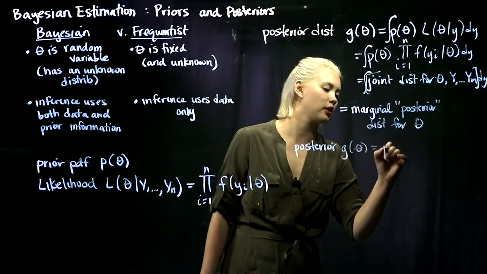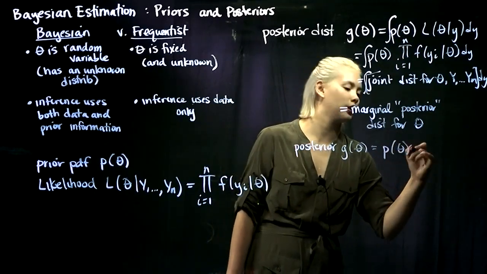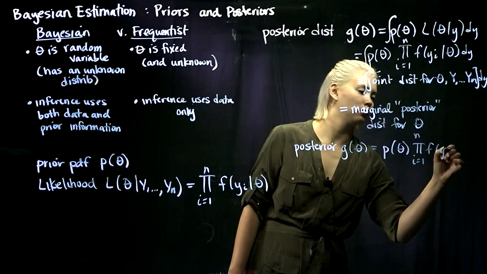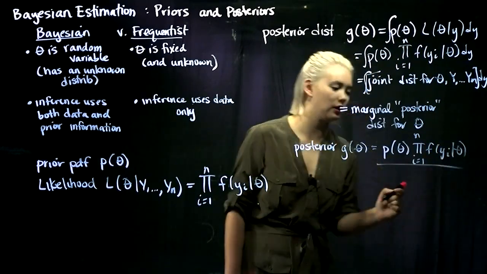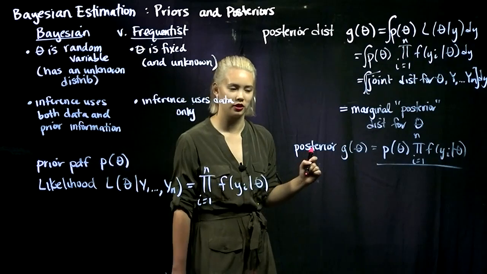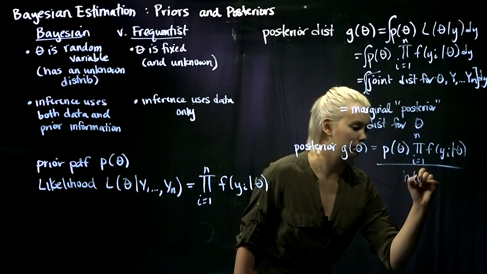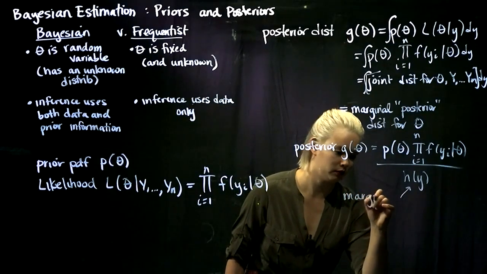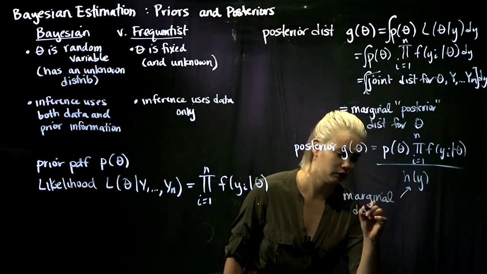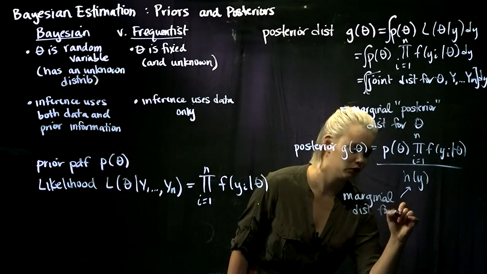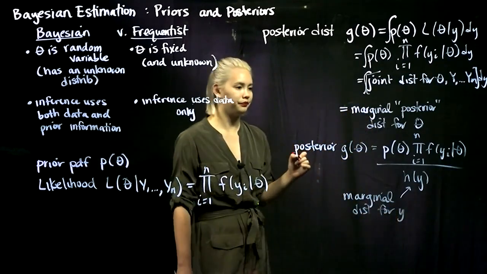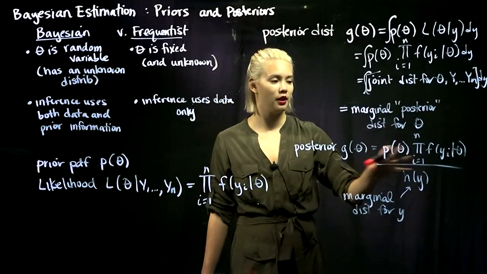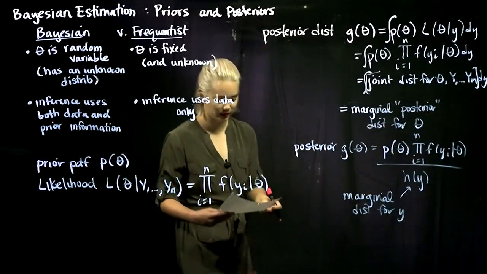So we have our prior distribution, we have our likelihood, and then we divide by our marginal distribution. Then we'll be left with just a distribution for theta at that point.